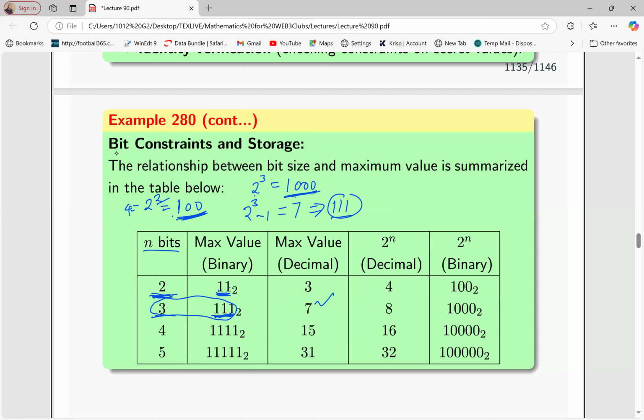Let's check what 9 is, because it's the next 4 bit. 2 goes there 4 times, the remainder is 1. 2 goes there twice, the remainder is 0. 2 goes there once, the remainder is 0.